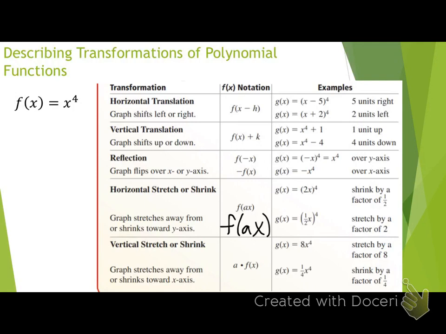My h value is negative 2. So if I plug negative 2 in here for h, I get f of x minus negative 2. A subtraction sign right next to a negative makes a positive. That's why it's f of x plus 2. And if we're going right, it's minus 5.